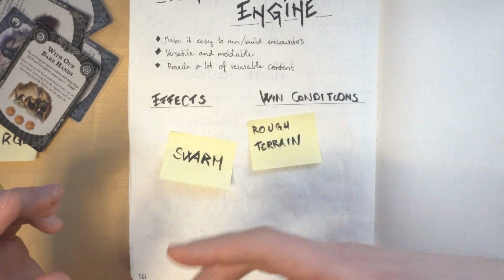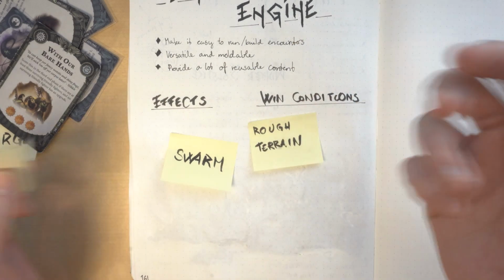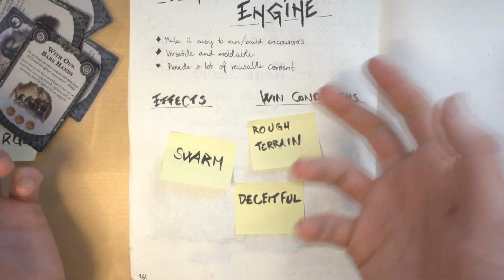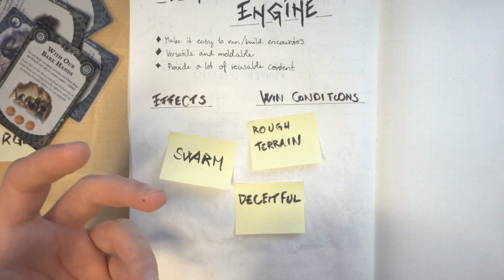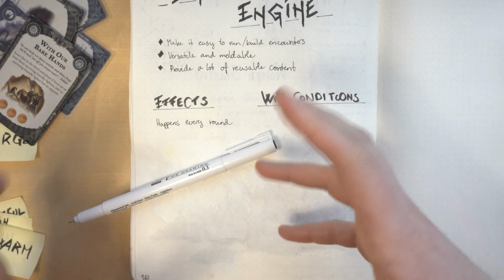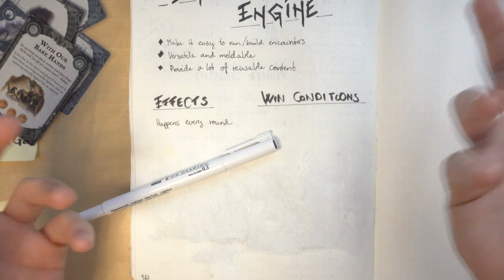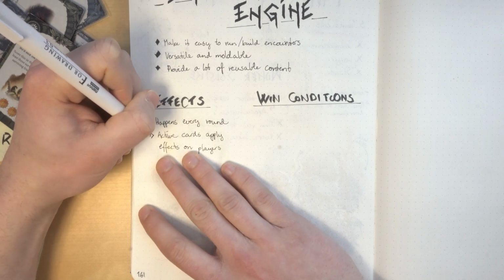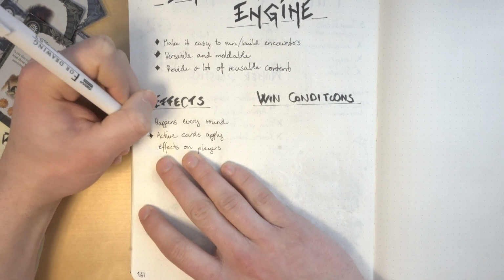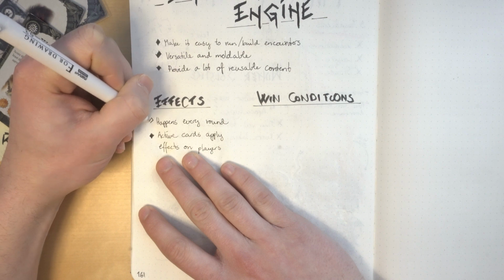Rough terrain makes it harder to move around. Deceitful makes it harder for the players to get correct information from an NPC. These things. Some effects also have special actions, like Bloodlust, which would deal some kind of damage to nearby targets if they're in range every round.